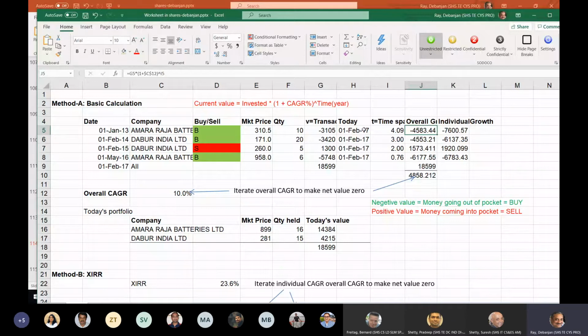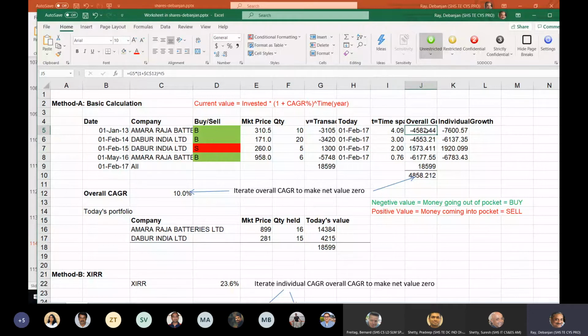So here, on 1st of February, I calculate the difference, that means for how much period of time this investment has been held. So I take this date minus this date divided by 365 or 365.45, whatever it is, and this is the total years.